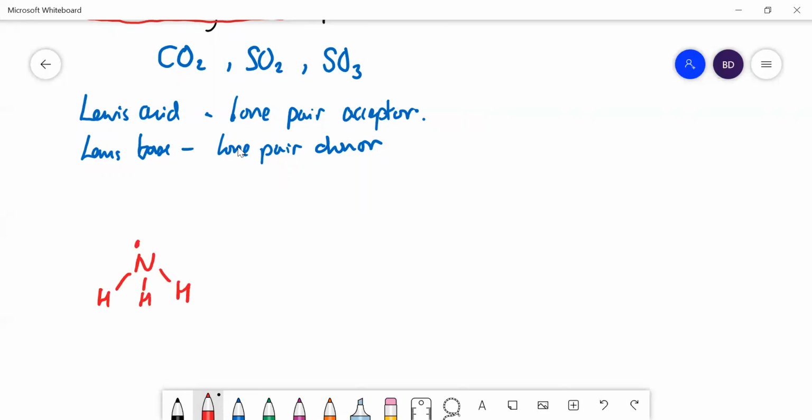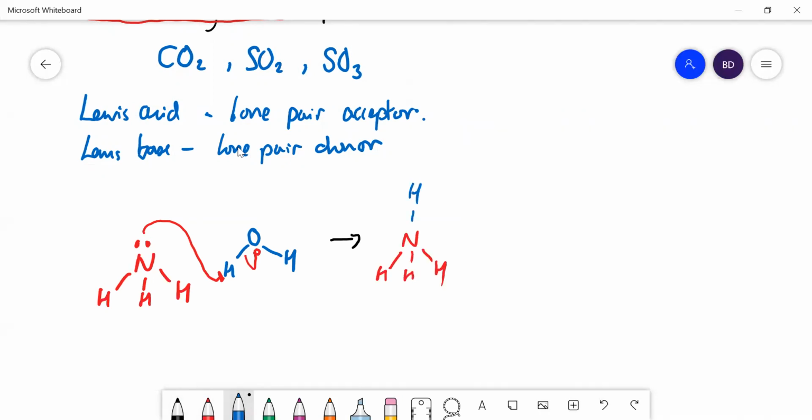We have a lone pair on the nitrogen, and if we react that with water, that lone pair goes onto the hydrogen there, and then this pair of electrons goes onto the oxygen, so you form NH4 plus and OH minus.